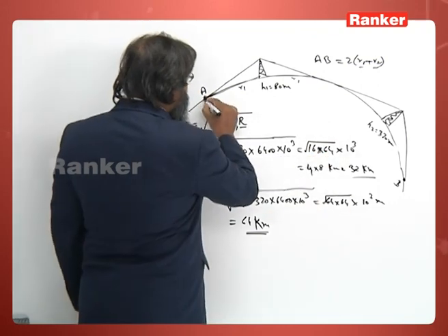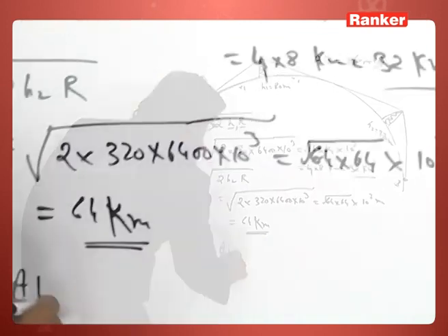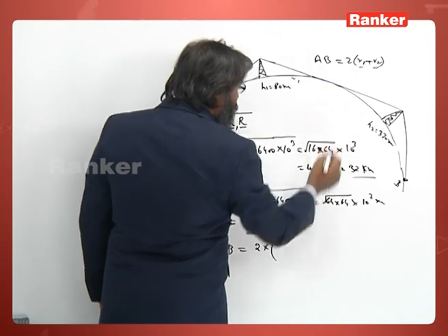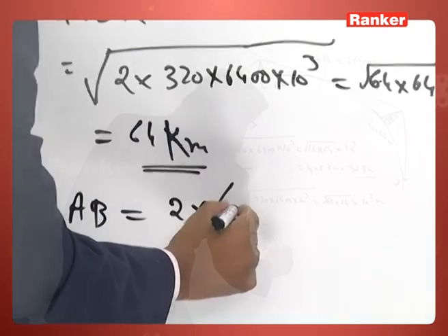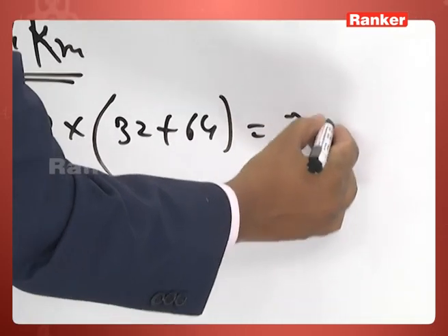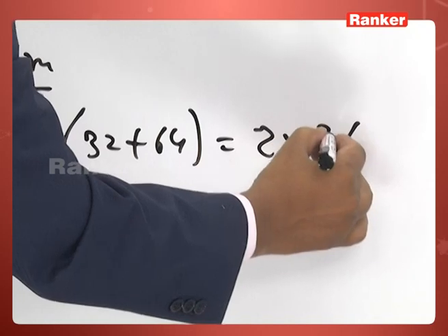So the maximum distance, the total extended range AB, is equal to 2 times R1 plus R2, that is 2 times 32 kilometers plus 64, that is 2 times 96 kilometers.